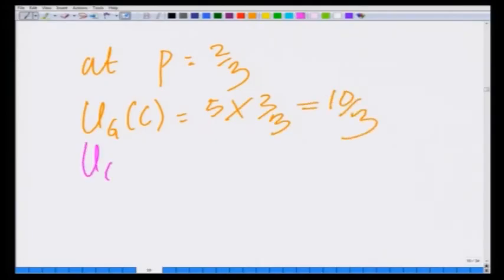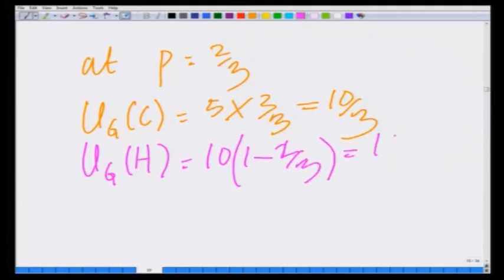Her payoff from the Harry Potter movie is equal to 10 times 1 minus 2 by 3 equals 10 by 3. So, both cricket and the Harry Potter movie yield an exactly identical payoff of 10 by 3. So, she can choose to watch either, and therefore she can employ any probability mixture. She can randomly choose one or the other with any probability, and that will yield exactly the same payoff.